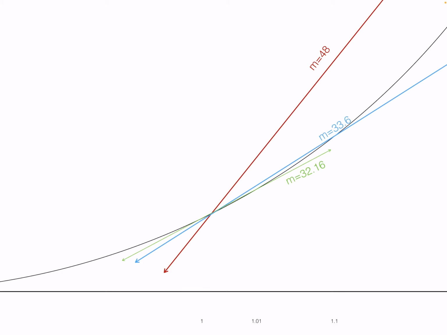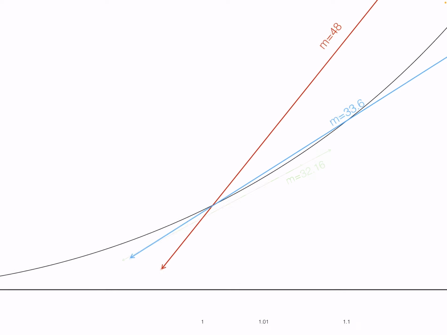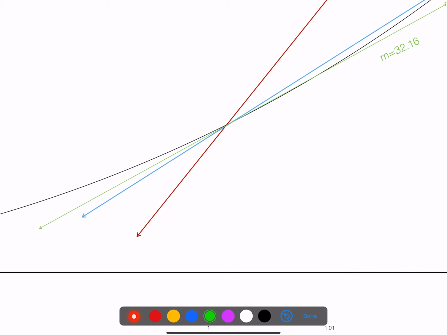What is the distance between 0 and some other point? 0.01. So you can see right here is 0.01. We're letting h get smaller and smaller. And look at how much I have to zoom in to even tell that there's 2 points right there. So essentially, that is the illustration of letting that h go to 0.